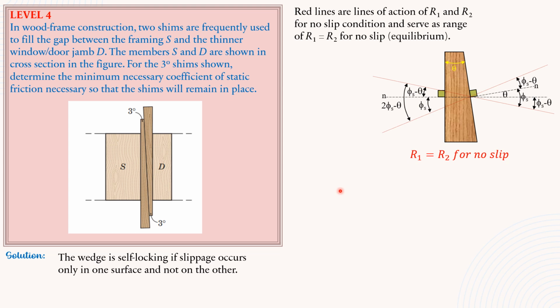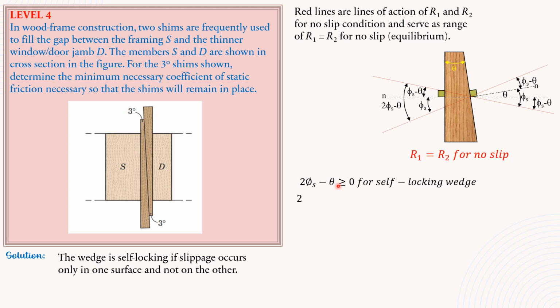So therefore, for self-locking case, 2φs minus θ should be greater or equal to 0, or the reaction should be within this range for self-locking wedge, so that this wedge cannot move or this shim cannot move.